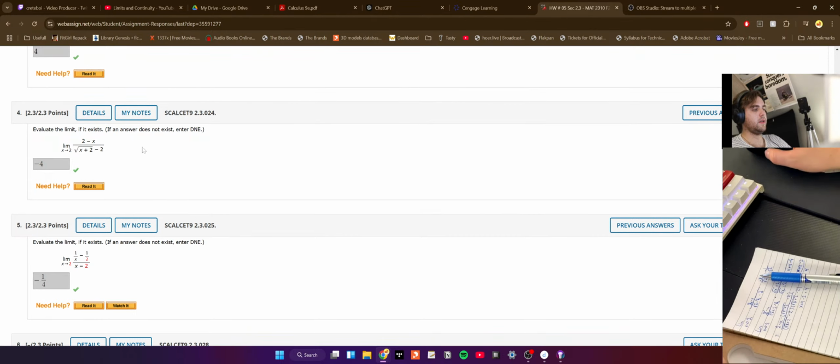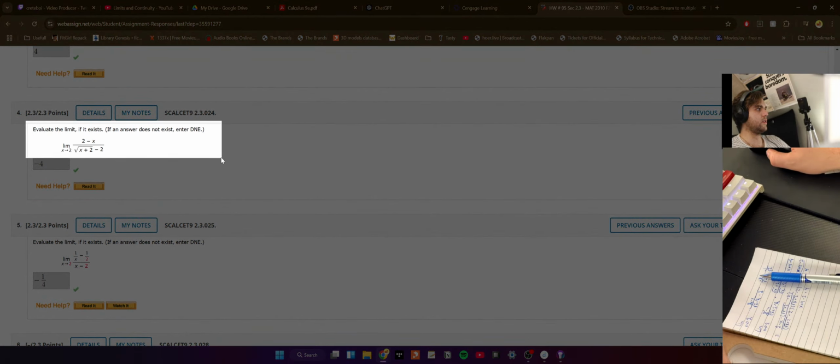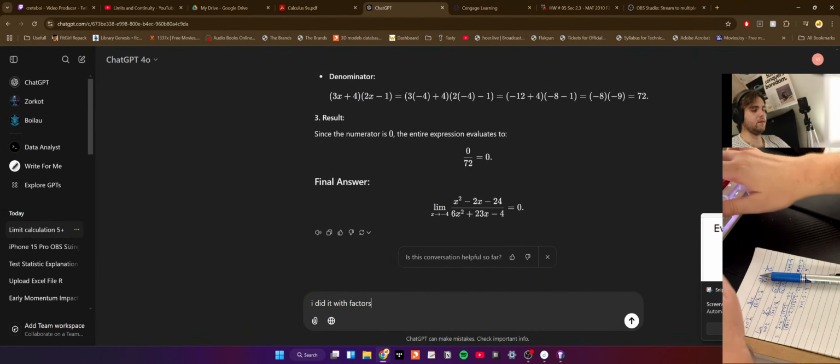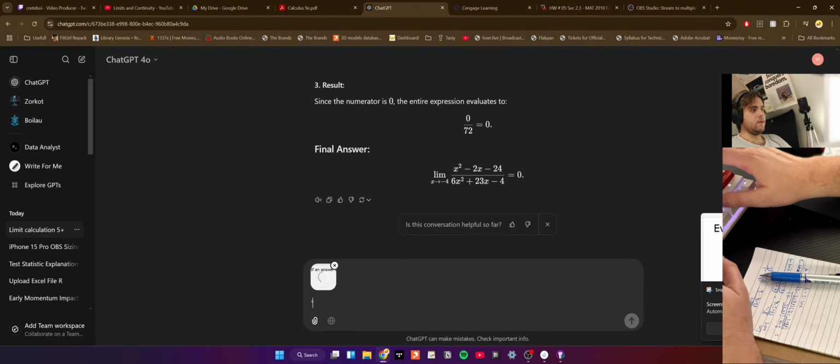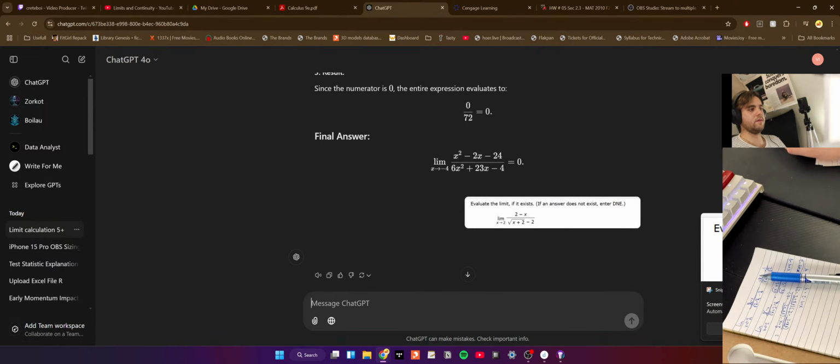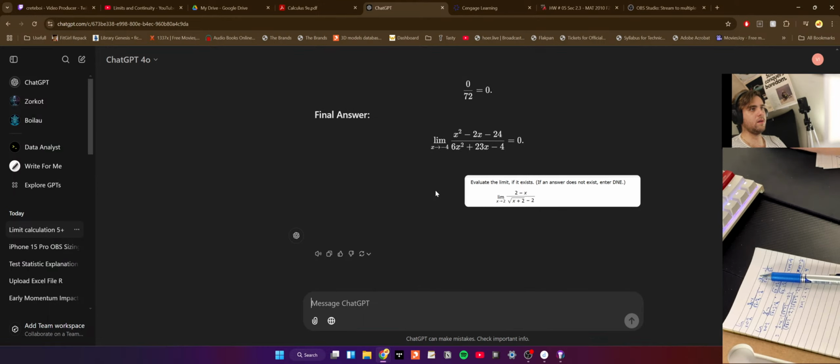I want to see how ChatGPT solves this, because I think I'm getting very close, but this thing can be wrong. A lot of people forget that this is a crucial part of using this language model: it can make mistakes, and it did make a mistake for me.